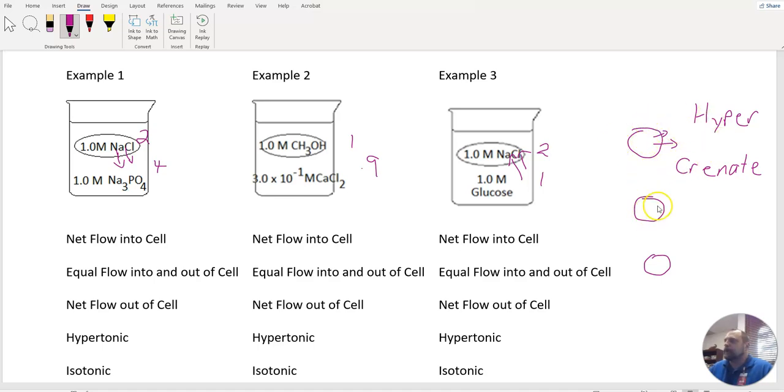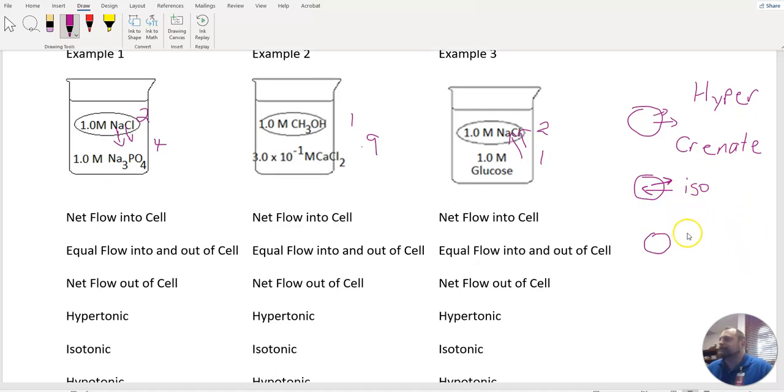When it shrivels up, it's no longer doing its job. When it's iso, the inside and the outside are the same, and so we have some water going in and some coming out, and it will assume its normal shape. And so the shape of red blood cells is very different.